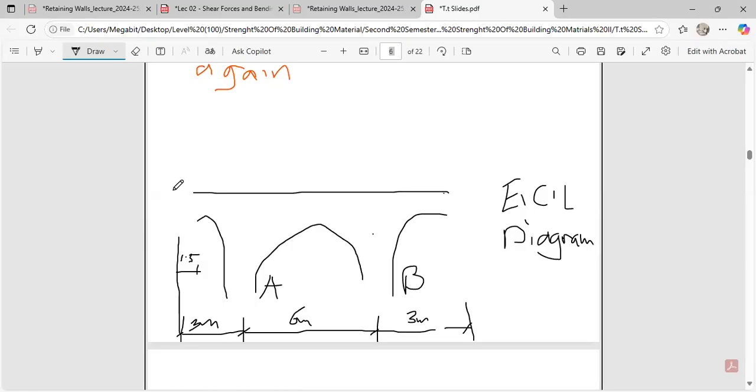Okay. So over there, you realize that your reaction, which is your ECL, can be somewhere here. And that ECL was 87.6. Then the other one was, I think, 2 meters. So from here to here, 2 meters.